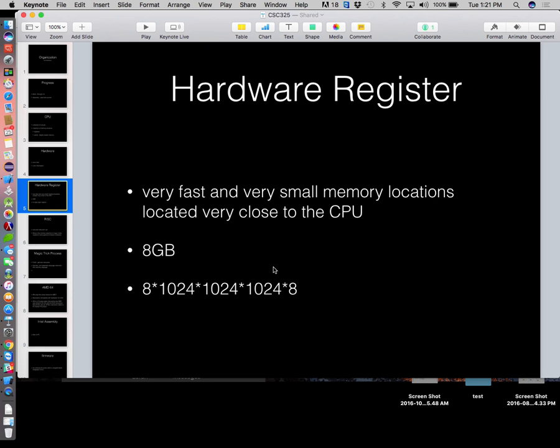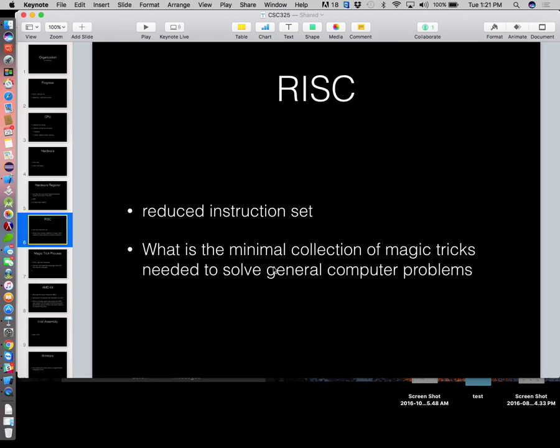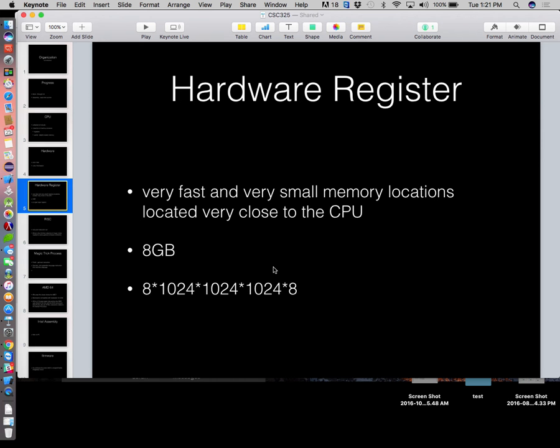As we get farther and farther away from the CPU, that's when we have slower and slower memory, on the extreme side, our system RAM, like the 8 gigabytes of RAM in our machine. We think of that as being fast relative to us, but in the range of memory, it's very slow compared to a register.